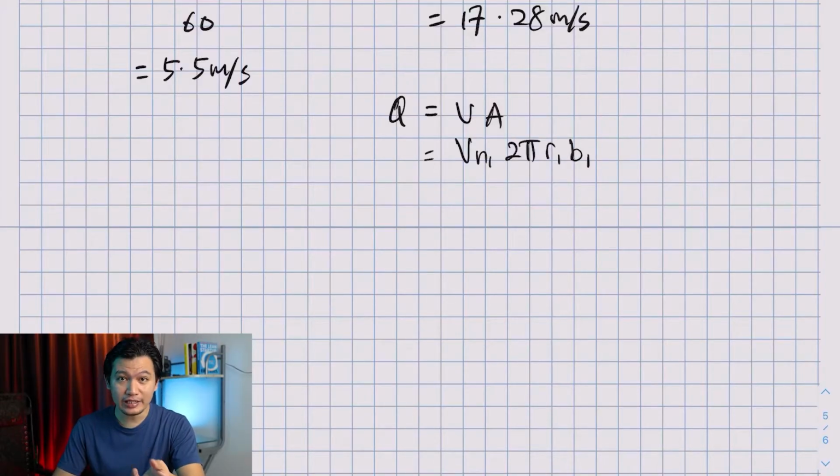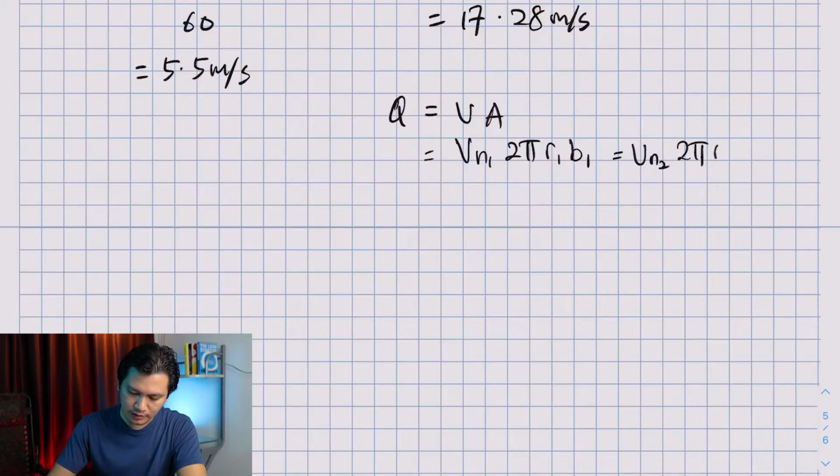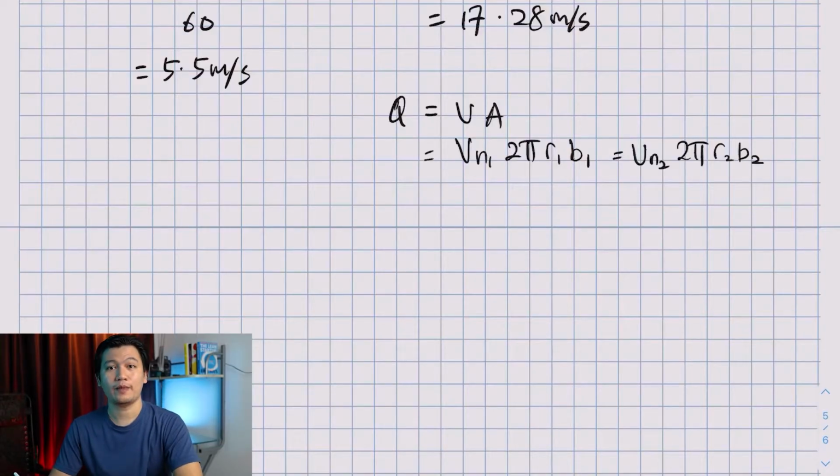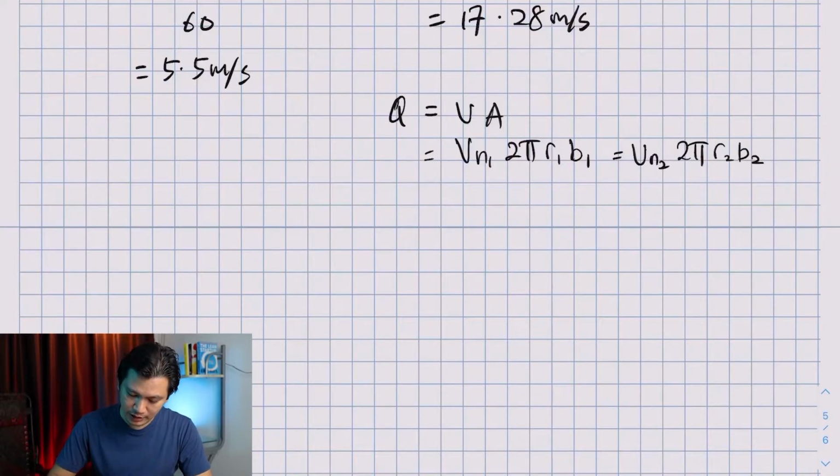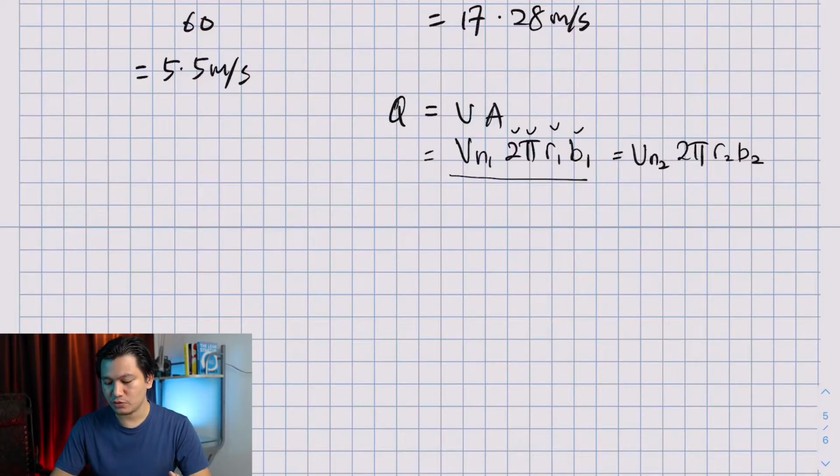If you want to use exit to find Q, it is simply Vn2 times 2 pi R2 B2. Based on what we know so far, we know 2 and pi, we know R1, and we also know B1. But the thing that we don't know yet is Vn1.